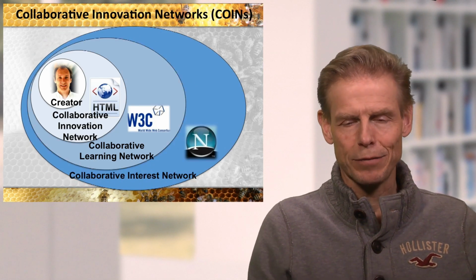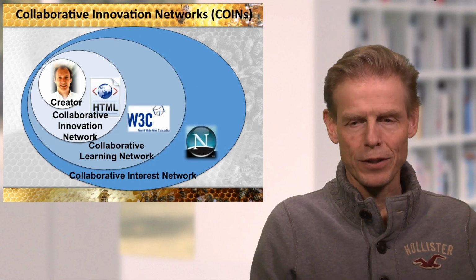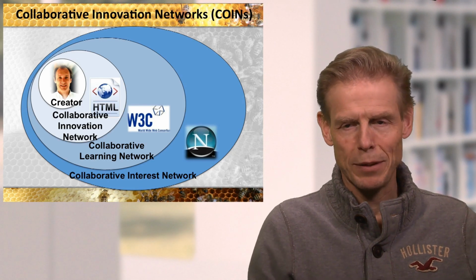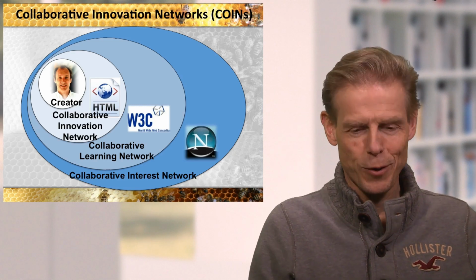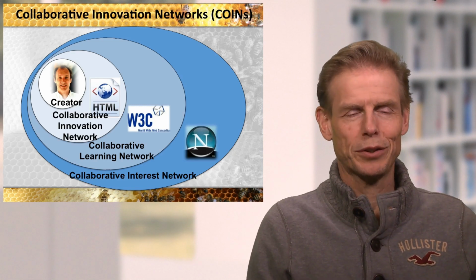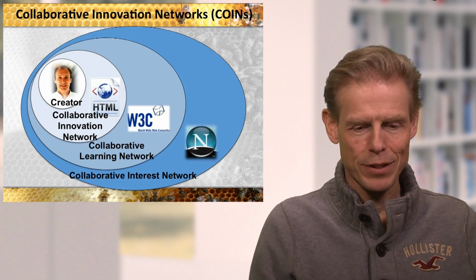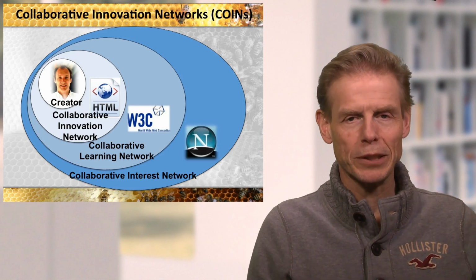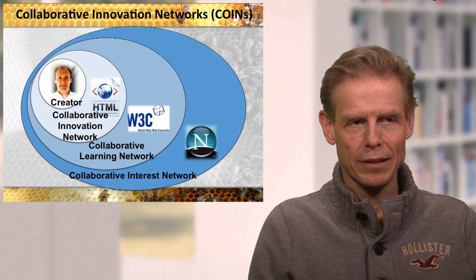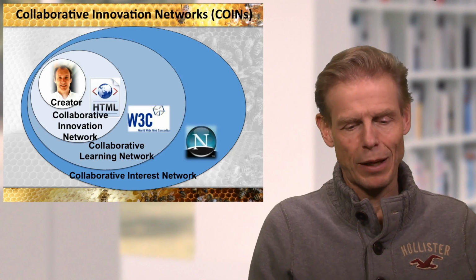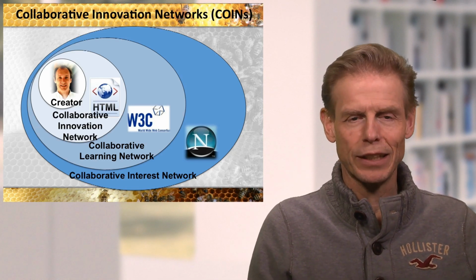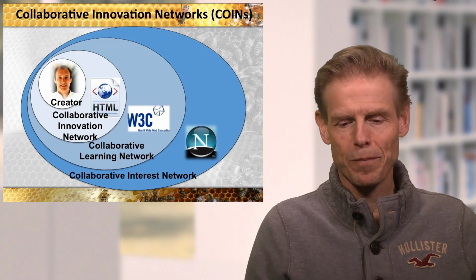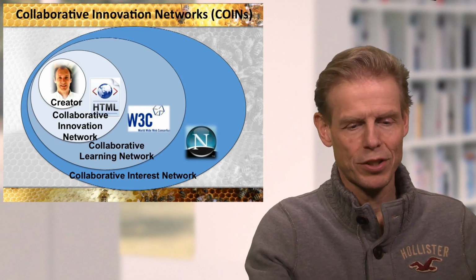They then tell their friends and family, and that's, in the case of the web, it was the first users. That was people like myself and others, for example, Marc Andreessen, who then went on to create the first web browser, which made the web truly useful for everybody. And that's the thousands of people in the collaborative interest network that try out the output of the learning network and turn the prototype into a polished product.